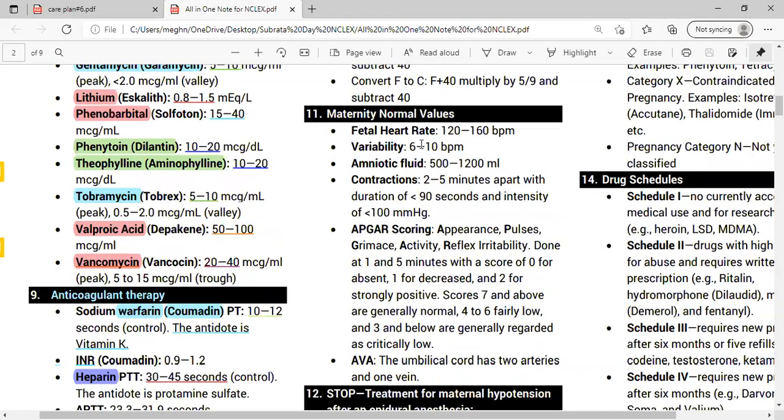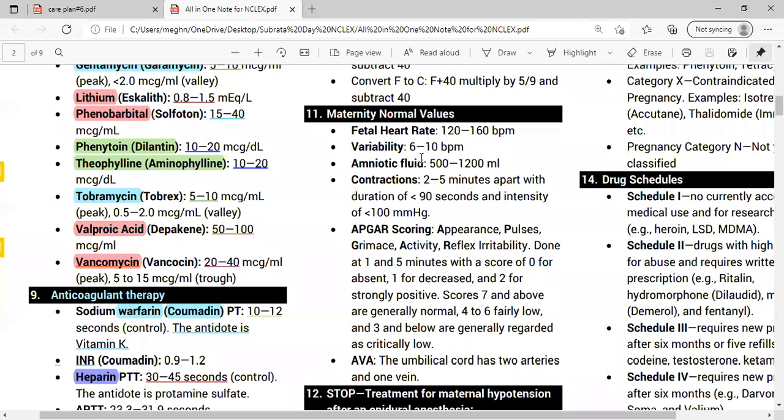Next, maternity normal values. Normal fetal heart rate should be 120 to 160 beats per minute. If fetal heart rate is less than 120, we call it deceleration. If it is more than 160, it is called acceleration. Both are bad.